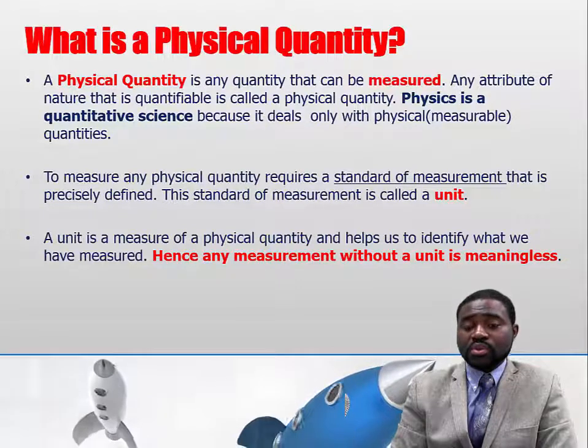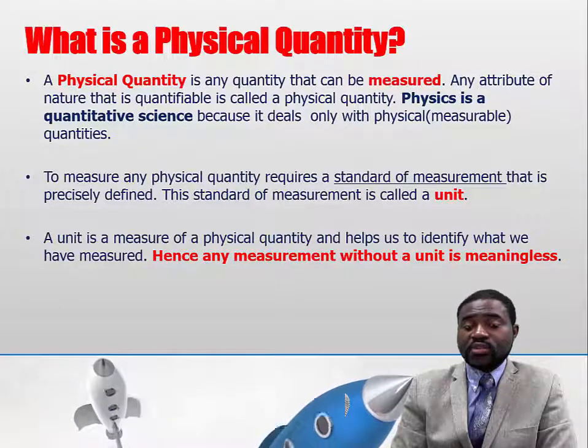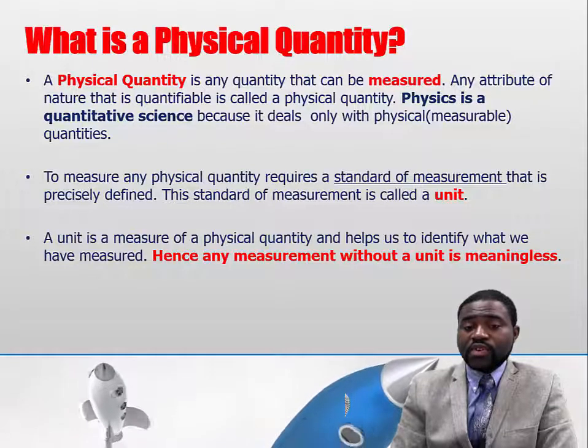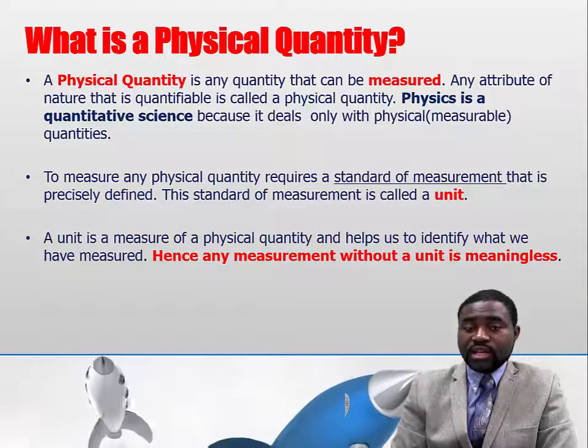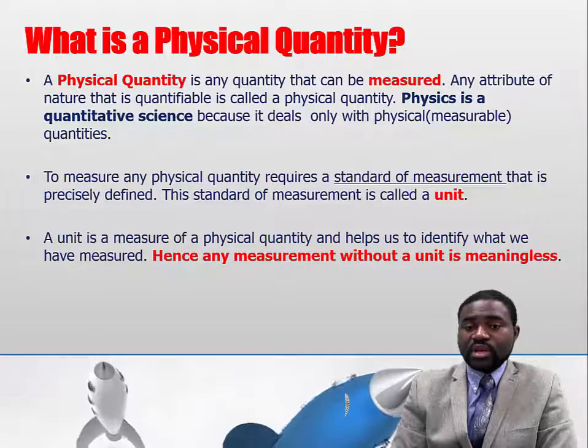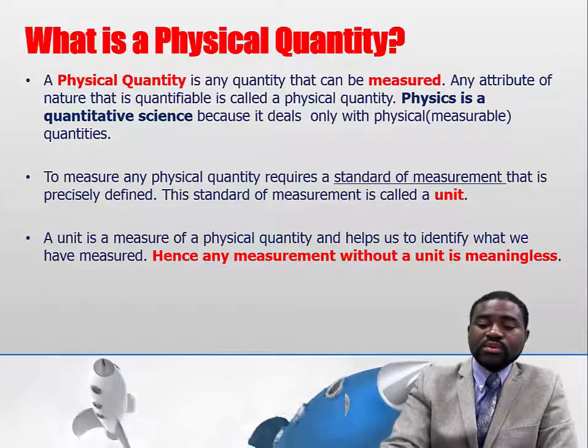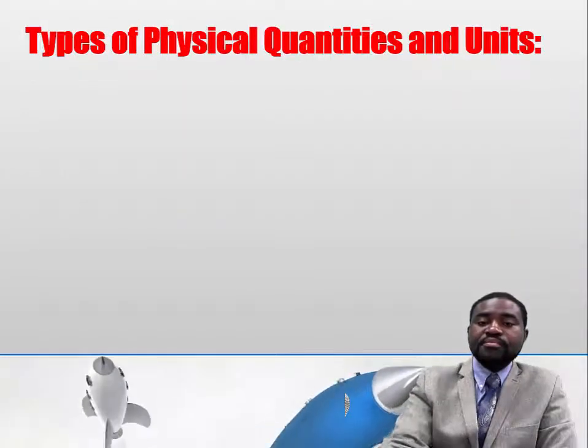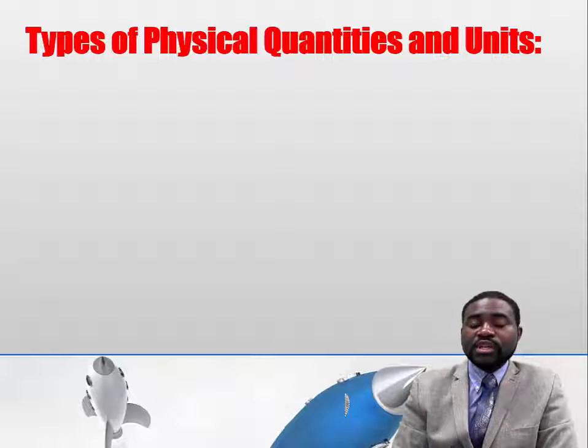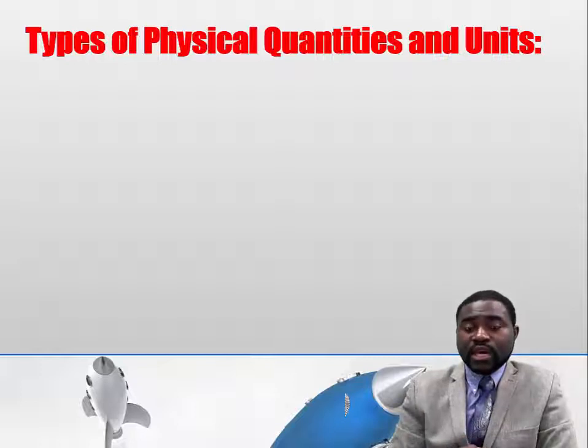So it is important for you to realize that a physical quantity is anything that can be measured. Examples include length, area, force, velocity, acceleration, and so on and so forth.